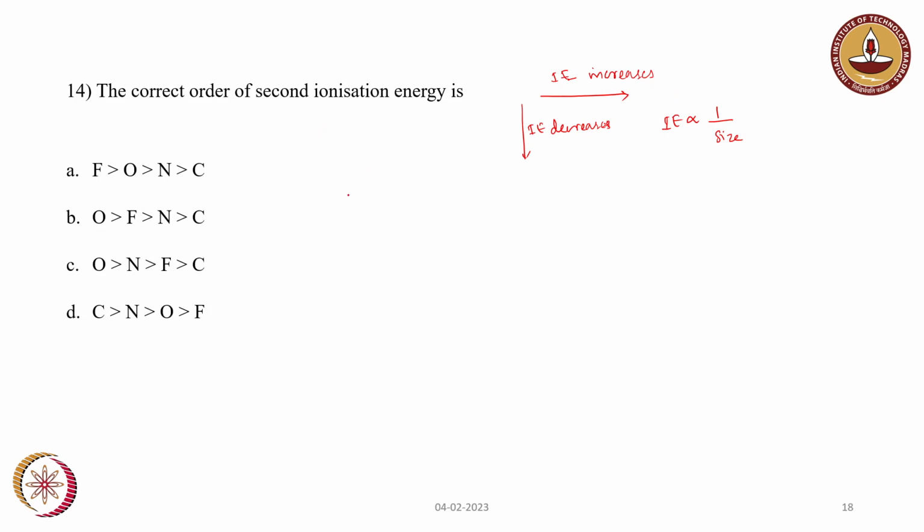So for the first ionization energy, fluorine, oxygen, nitrogen, and carbon. Fluorine is the smallest in the period. If we write it in the order present in the periodic table, carbon, nitrogen, oxygen, and fluorine, here the size is decreasing.